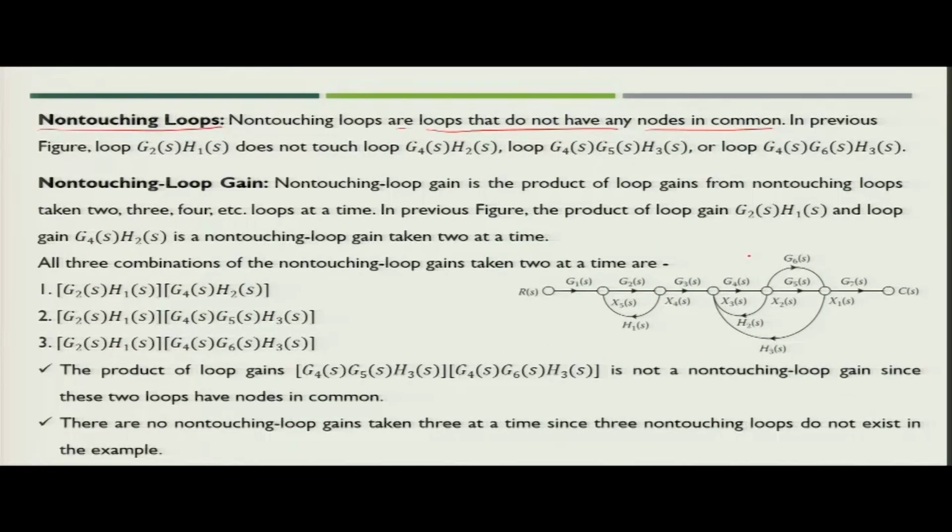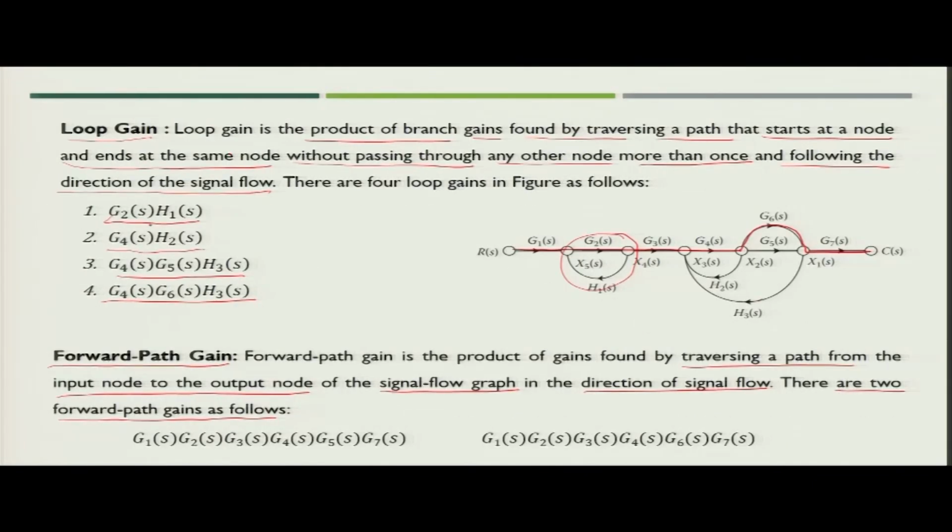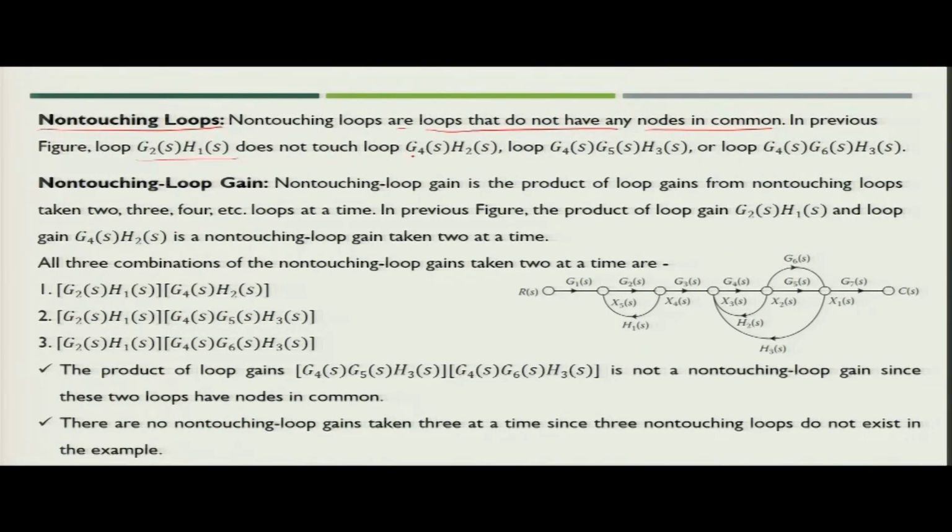So, we can write that G2S into H1S, that is the first loop, is not touching the other 3 loops. Those other 3 loops are G4 H2, G4 G5 H3, and G4 G6 H3. So, the combination of these loops will be the non-touching loop gains.